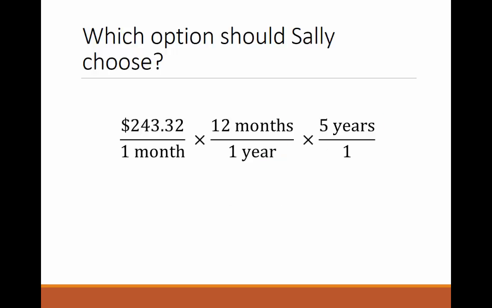In the third option, Sally was spending $243.32 per month over the course of 12 months over the course of 5 years, meaning in total we see that Sally's $12,000 car in the third option costs her $14,599.20. The lower monthly payment was offset by the additional year of the loan and actually ended up costing her more over the course of the loan term.